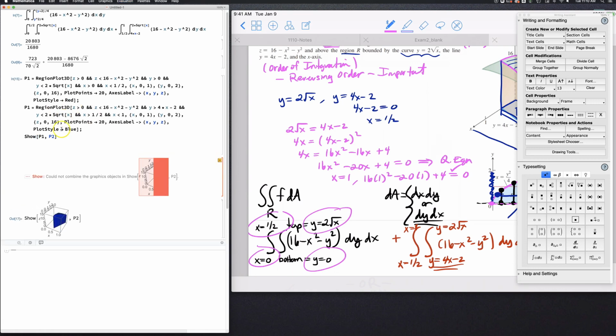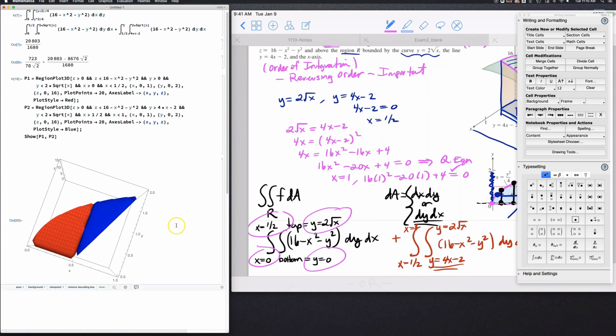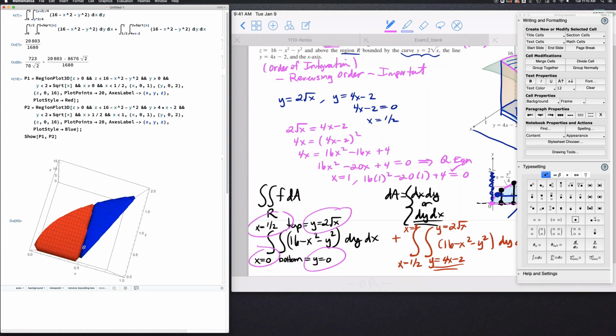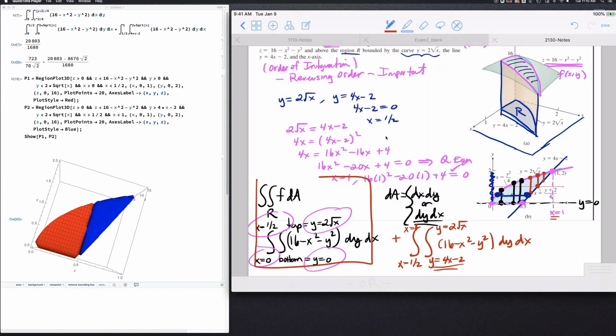Oops, sorry, P2 wasn't defined. And here, each integral corresponded to a different color. So this first integral here is the integral in red, and then we had another integral that was in blue.